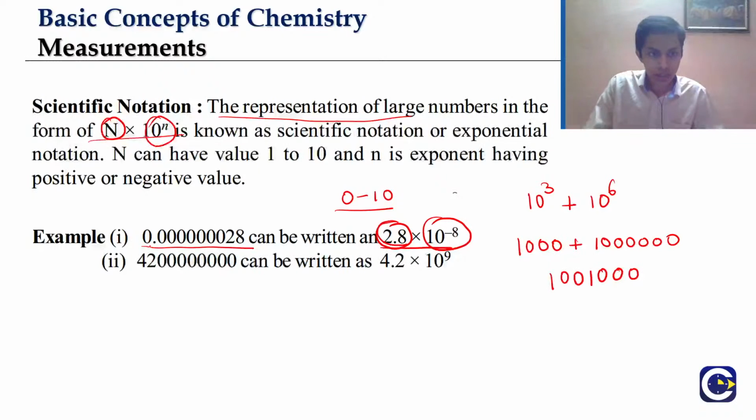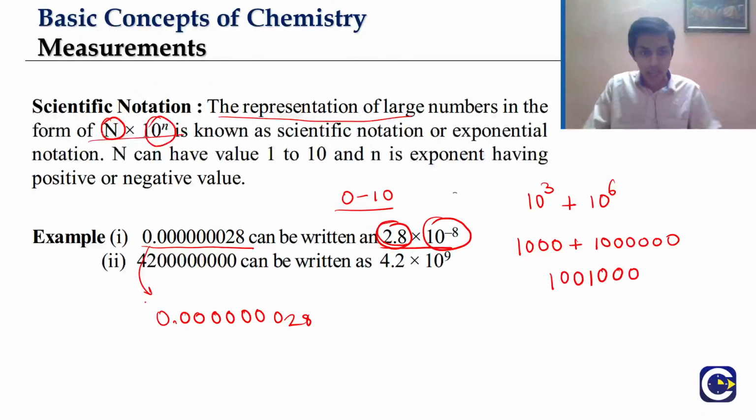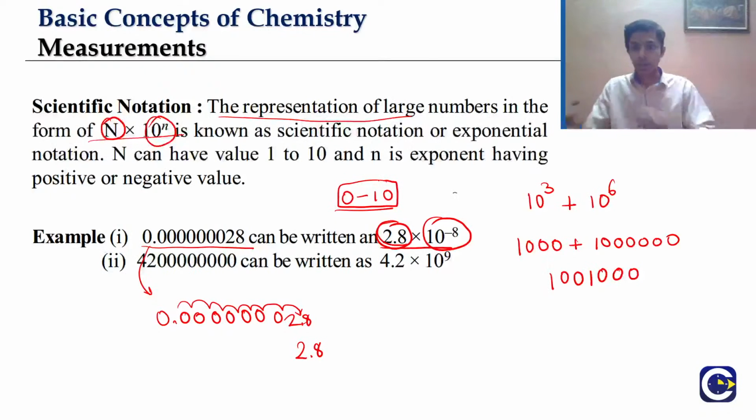For example, if it is 0.00000002 8, then what will I do? I'll move this in such a way that my decimal should come in a place where I'll get a number in between 0 to 10. Okay, so that's how I have to move my decimal.